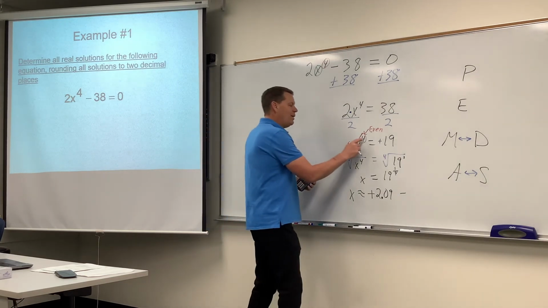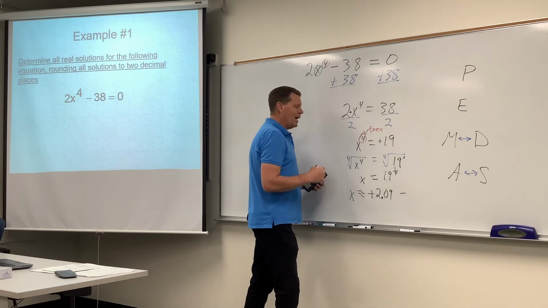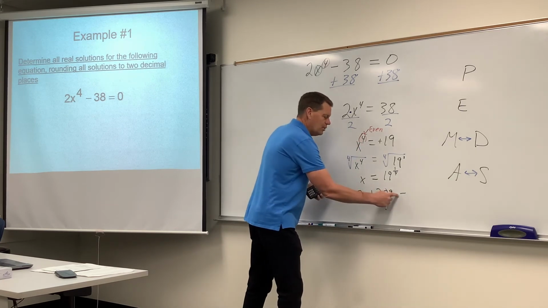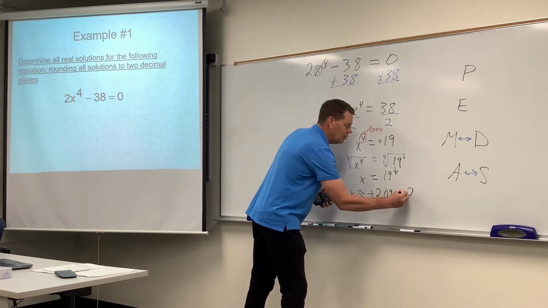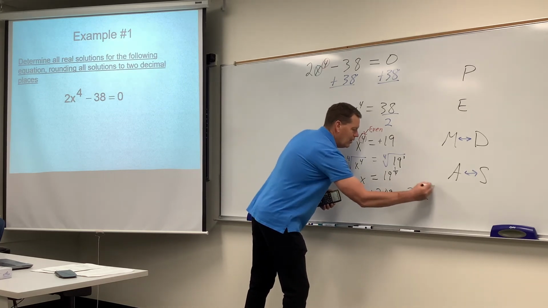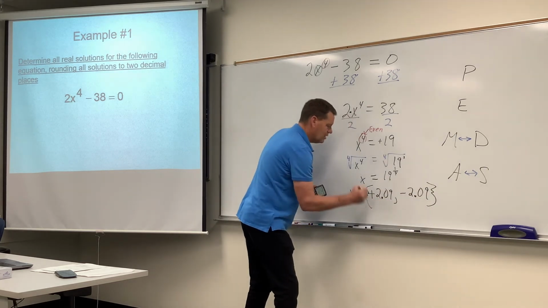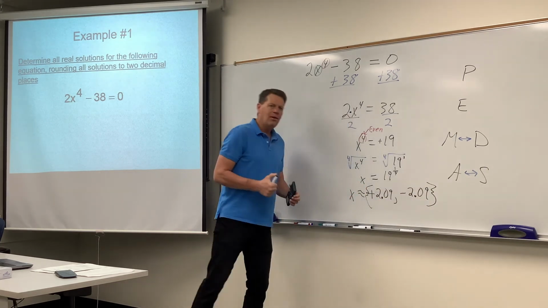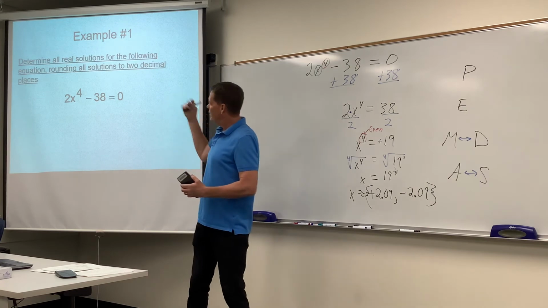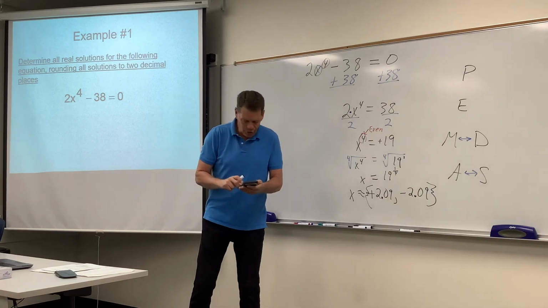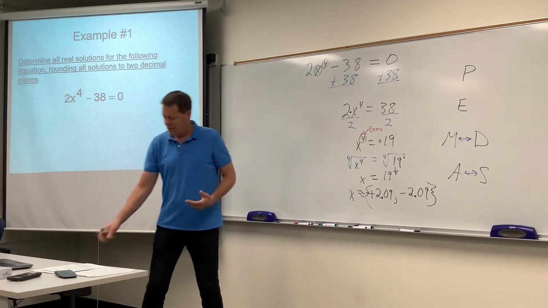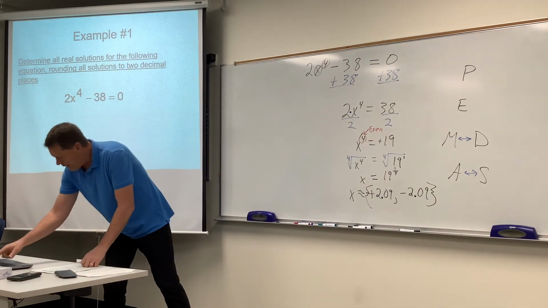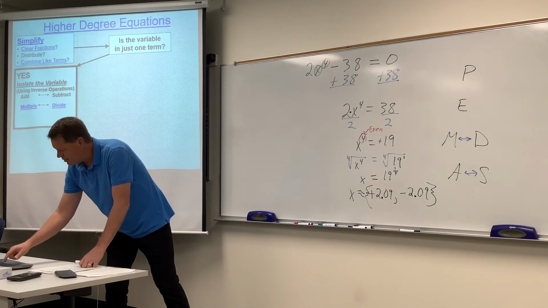But given the discussion we had earlier, the negative would also work. So we're going to put positive 2.09, comma negative 2.09. And those two would be our real solutions to this equation. Now there's others out there, but this was asking us just to find the real solutions. So that'll suffice.